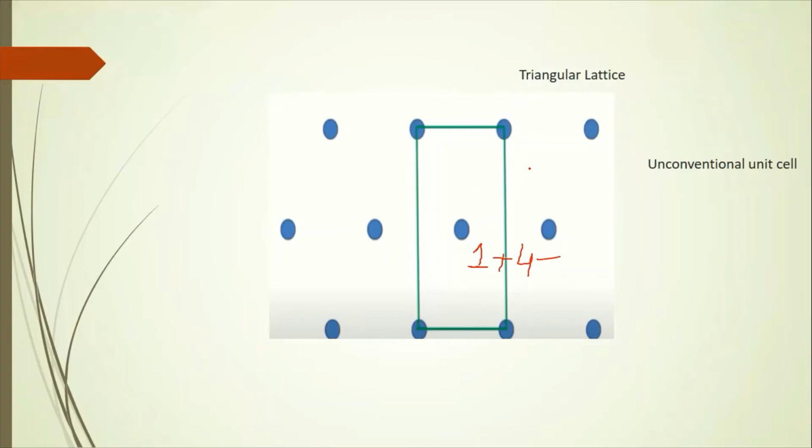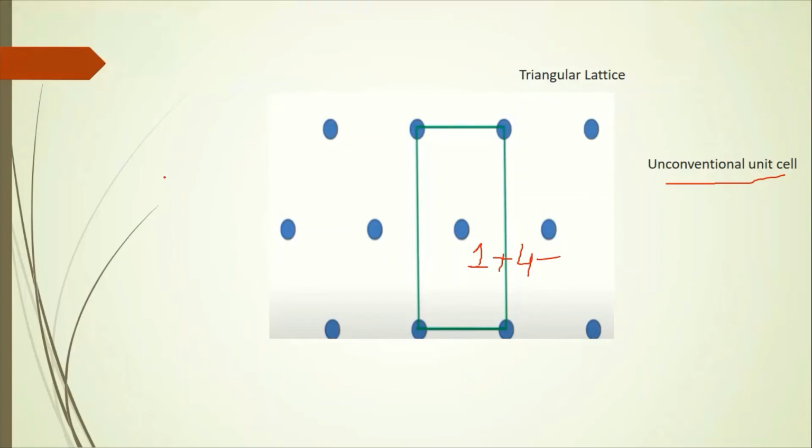But the coordination number, one is a conventional unit cell, because our analysis is with an orthogonal set of primitive lattice vectors. So in this case, this would be a conventional lattice.